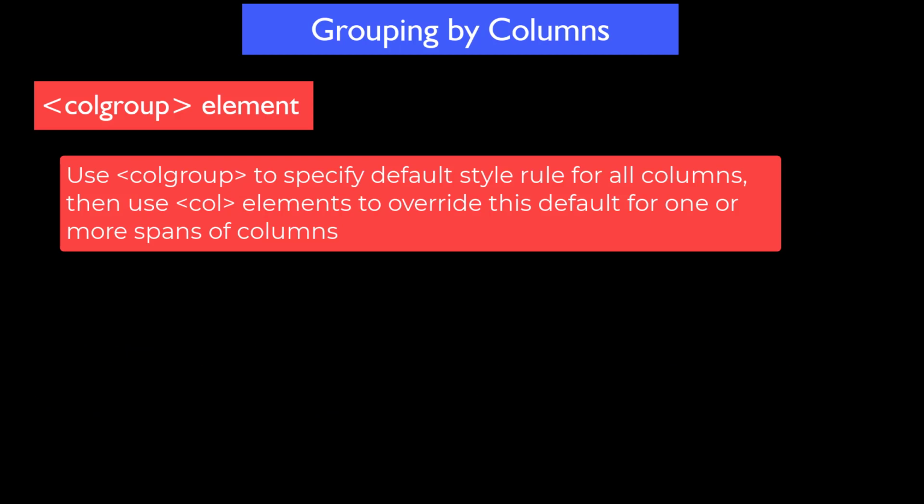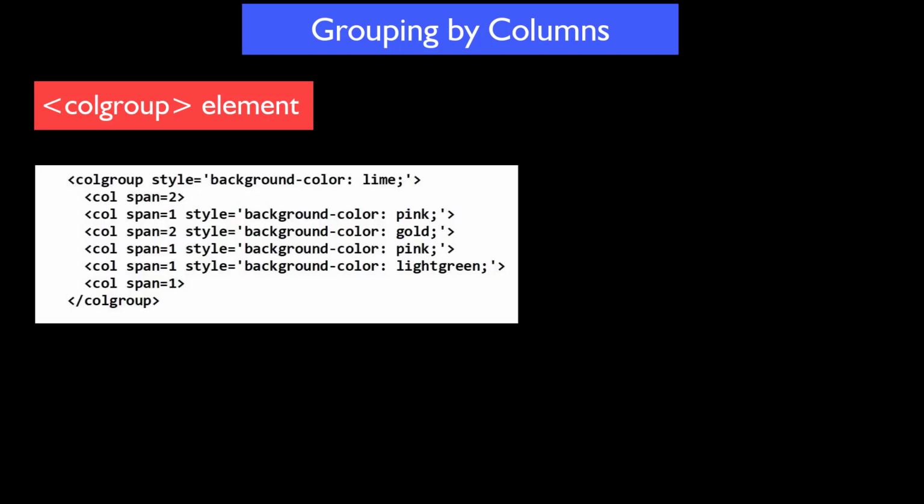But the main use of colgroup would be to specify the default style rule for all columns and then use col elements to override this for one or more spans of columns. Here's an example. I've got a colgroup with no span, so I can have col child elements.